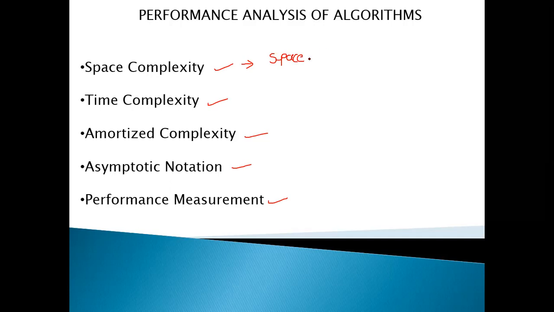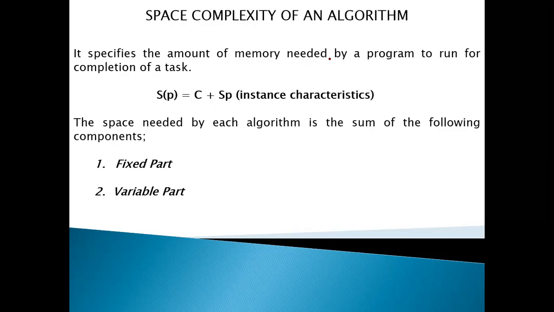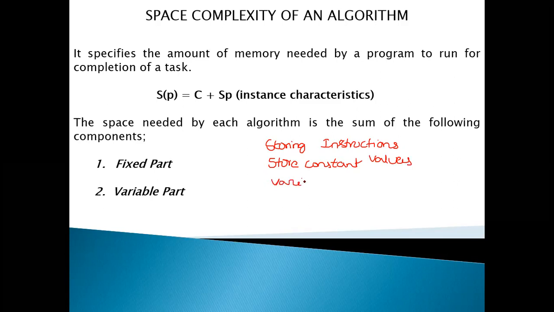Here space complexity is the space required for storing instructions, the space required to store constant values, and the space required to store variable values. These are the spaces required for space complexity.